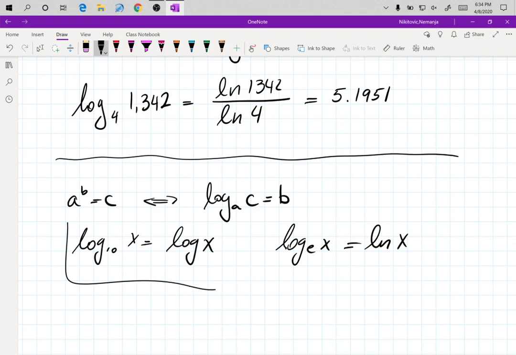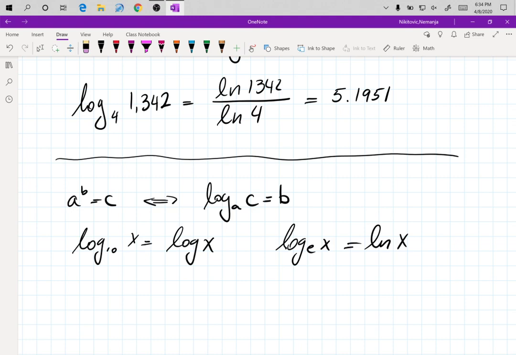If you compare these two, you are not writing 10, so you're saving 2 characters. Over here you have 5 characters, you have 3, so you're saving 2 characters again. So if you want to think of it as lazy notation, go ahead, right? But 10 and e are special, right? Because they give us sciences. And the rest of the bases are useless and we don't have them.